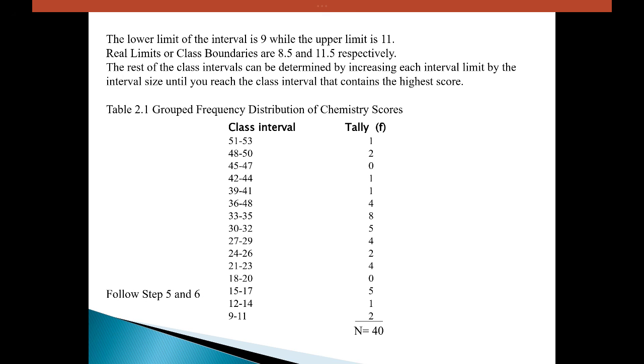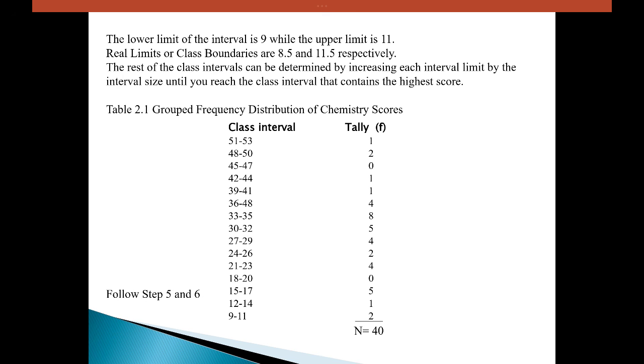Make sure that when you total the sum of the frequencies, it should be equal to 40. So if you add 1 plus 2 plus 1 plus 1 plus 4 plus 8 plus 5 plus 4 plus 2 plus 4 plus 5 plus 1 plus 2, that should be equal to 40.